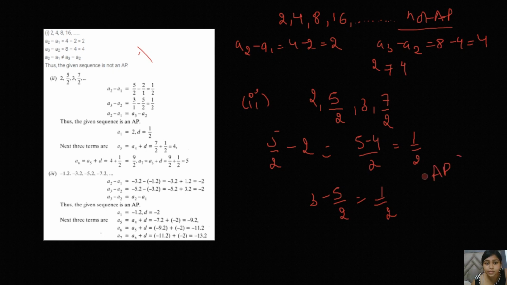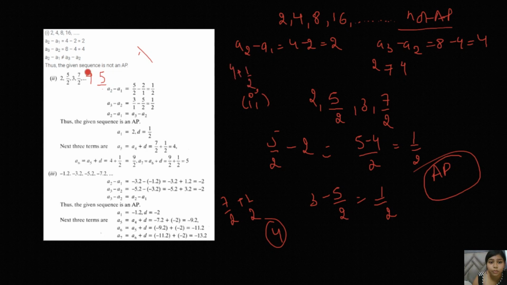If this is an AP, you have to find the other 3 terms also. So 1 by 2 is the common difference. Just add it. 7 by 2 plus 1 by 2 is 4. Oh sorry, 4 by 2 plus 1 by 2 is your 9 by 2. Then again add 1 by 2, then this is 5. So these are the 3 terms. You can find them by applying very simple formulas.